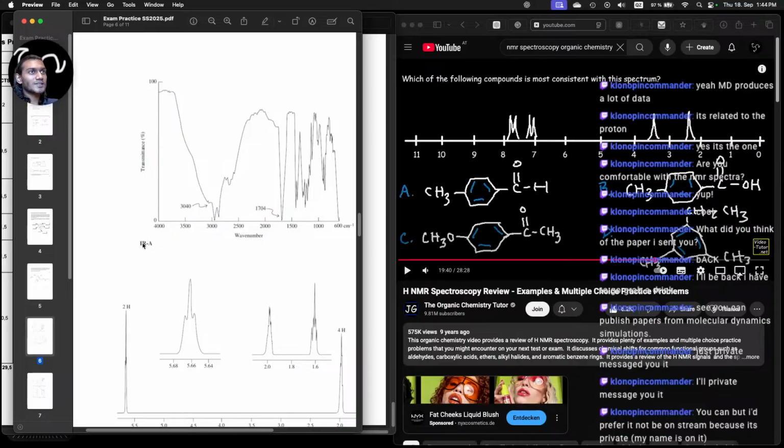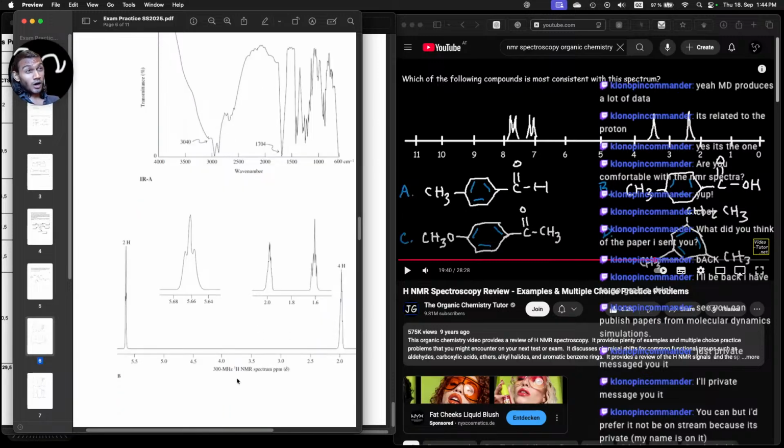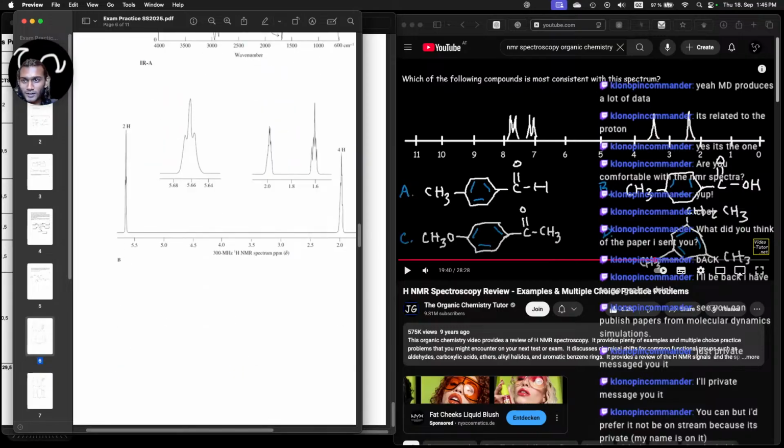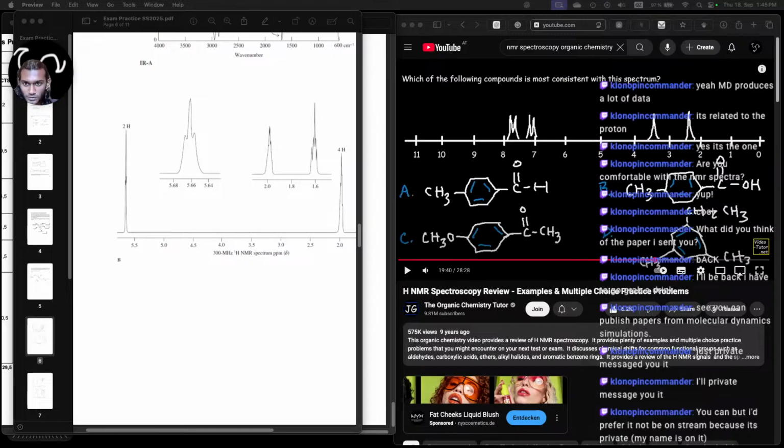So this one is IR spectroscopy, infrared spectroscopy. NMR, nuclear magnetic resonance. Yeah, MD produces a lot of data. I don't know if I could show you, but I think I could.